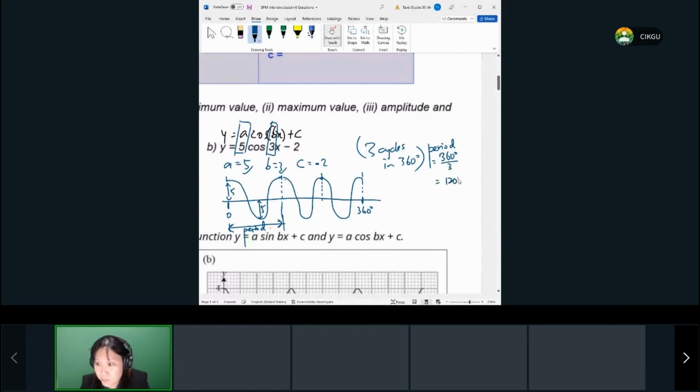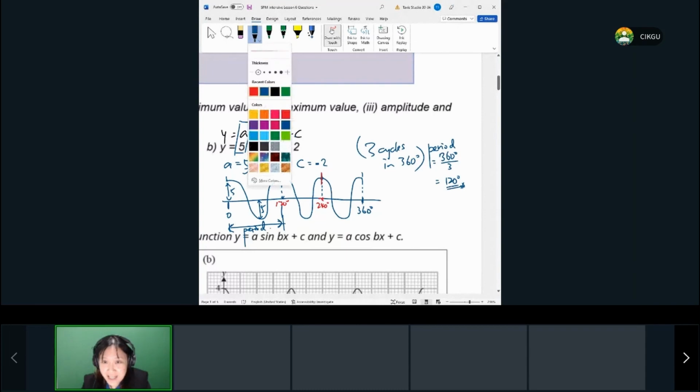So your period is 120. That means from here to here is one cycle. 120 degrees is here. Then from the 120, you go 1 more cycle, that means 240 is here because you added another 120. Go 1 more cycle, add another 120, and it reaches 360. Very nice.